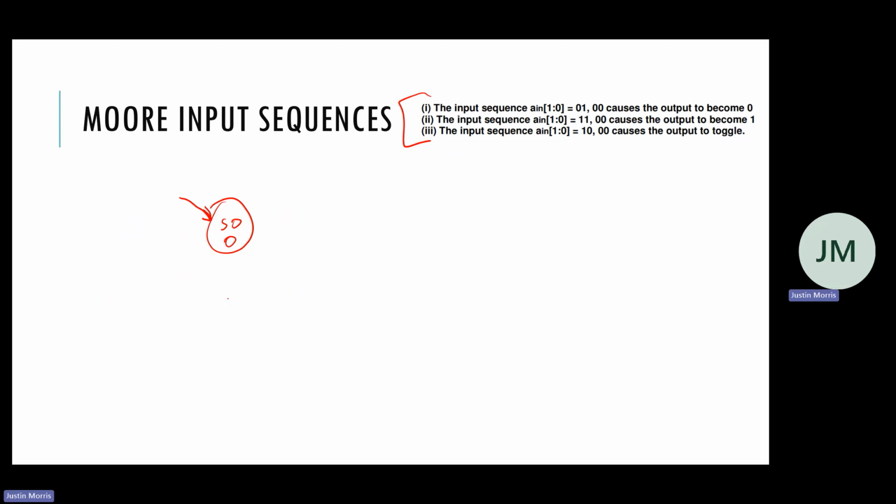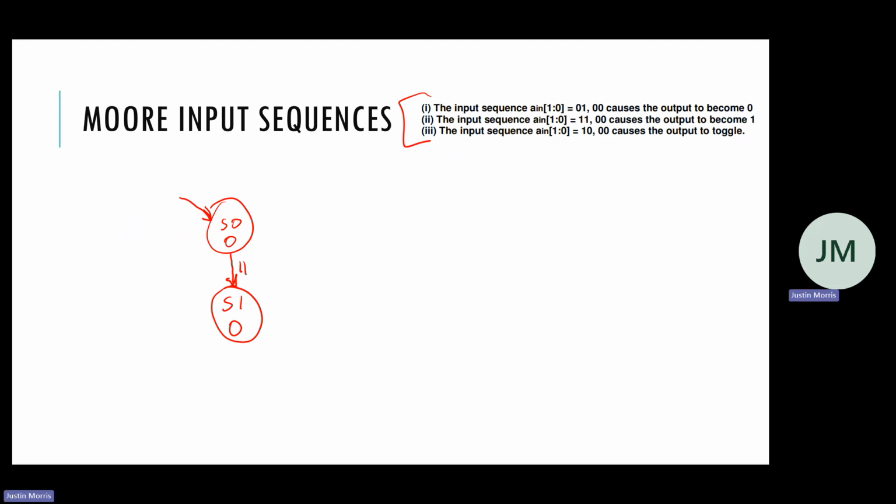So let's make a new state, S1. This one is still going to output 0, but I just need to remember that I've seen this 1, 1 is all. So if I see 1, 1, I'm going to go to state S1. So my output is still 0.